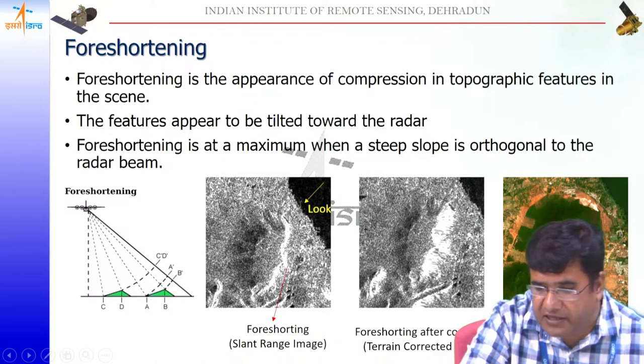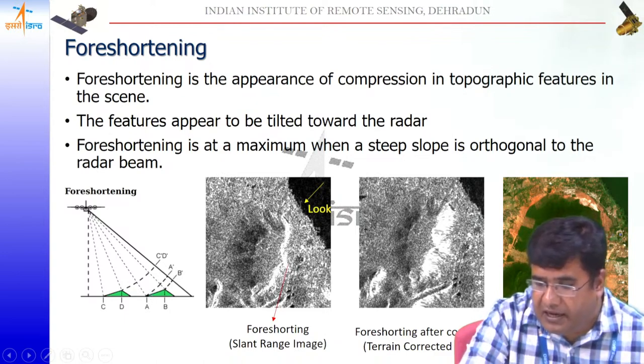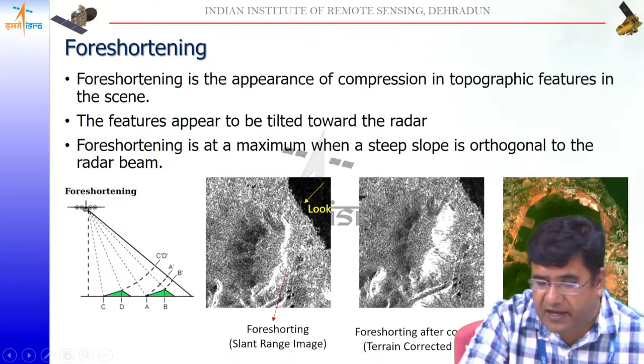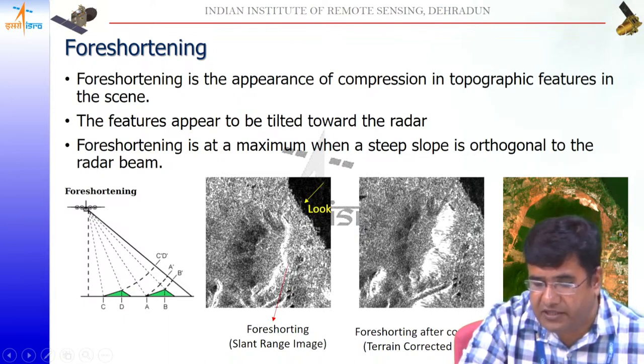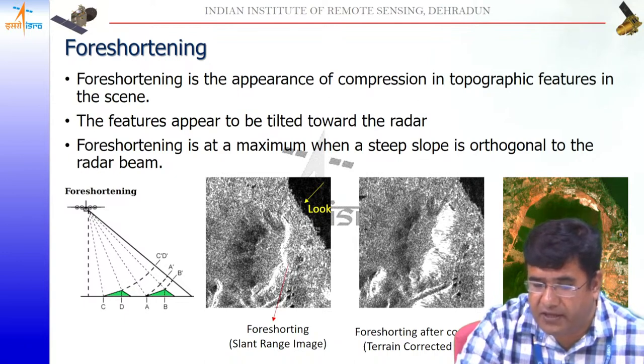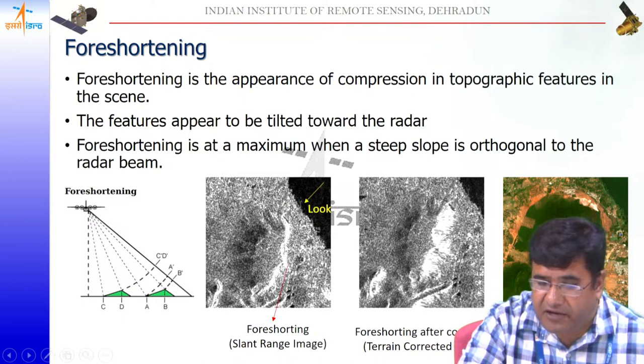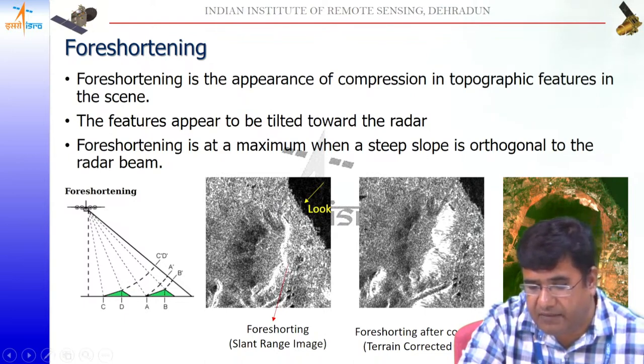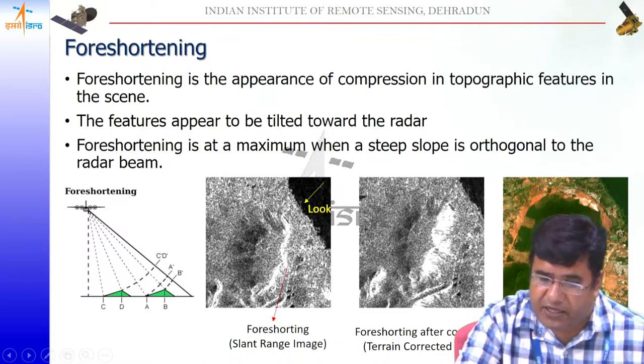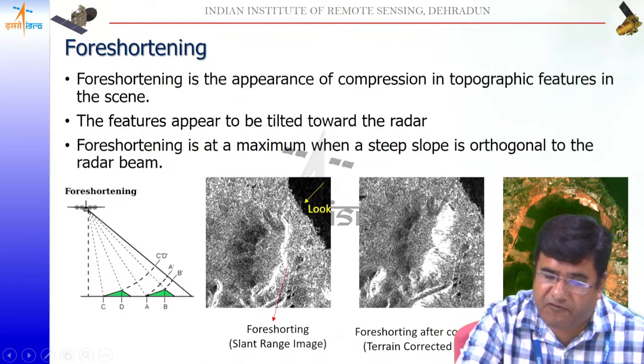This mountain feature is compressed, and due to this compression there is an accumulation of DN values, so the pixel values increase greatly. It results in a much brighter feature at the bottom of the mountain. This is called foreshortening.